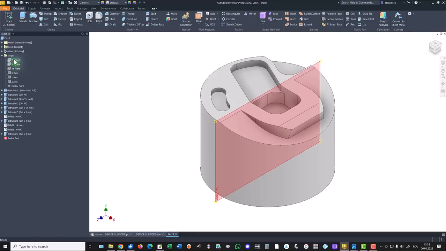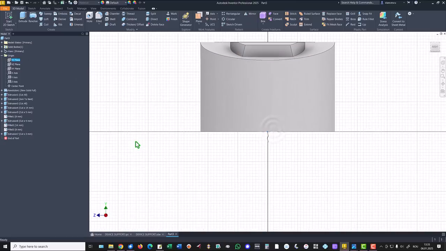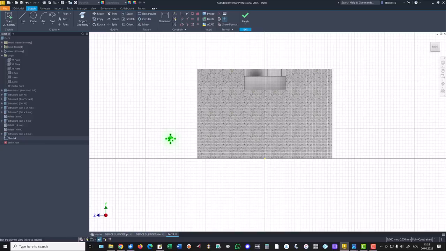We use the plane YZ, F7. We project this generator.